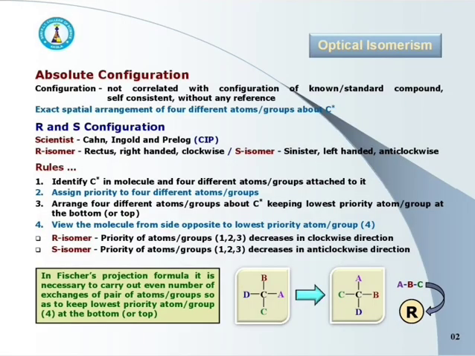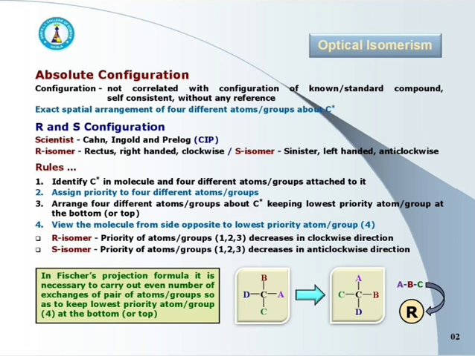We may keep this fourth priority group at the top also, but generally the practice is to place it at the bottom. And the last rule is to view the molecule from the side opposite to the lowest priority, that is the fourth priority atom or group.